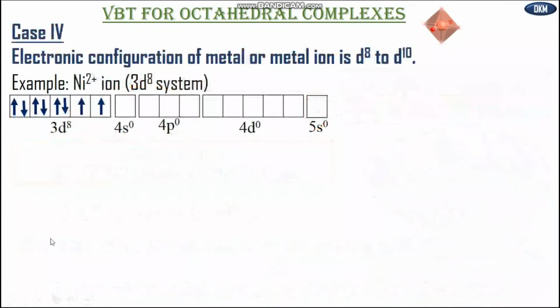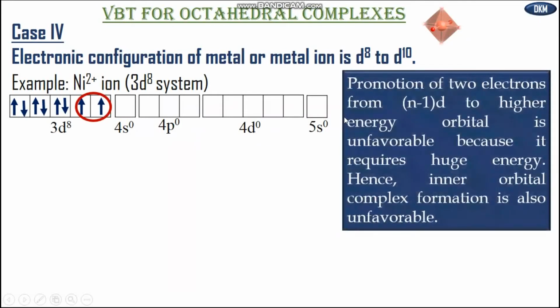Now consider case 4, where the electronic configuration of the metal or metal ion is d8 to d10. Here the inner orbital complex formation is impossible. Suppose the case of Ni2+ ion. This is a d8 system. To form inner orbital complex, you need to promote these two electrons into higher energy orbital. Promotion of two electrons from the inner d shell is unfavorable because it requires a huge amount of energy.